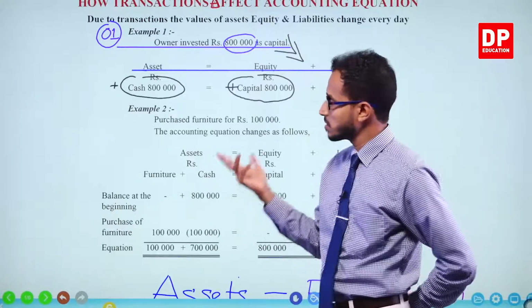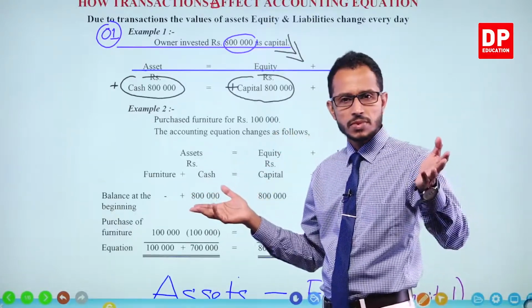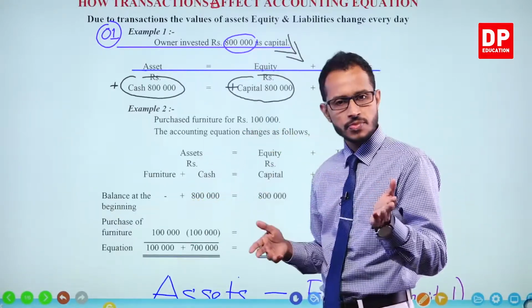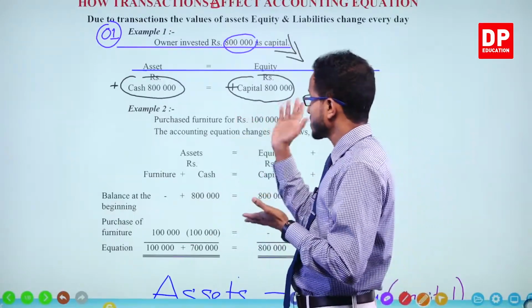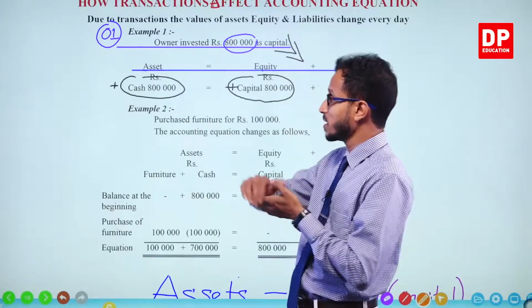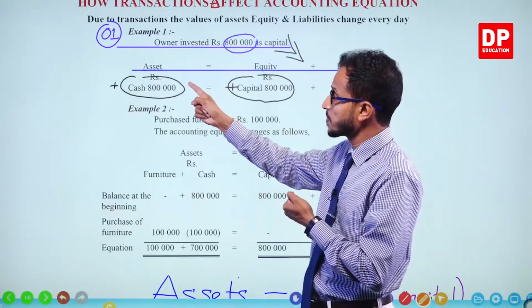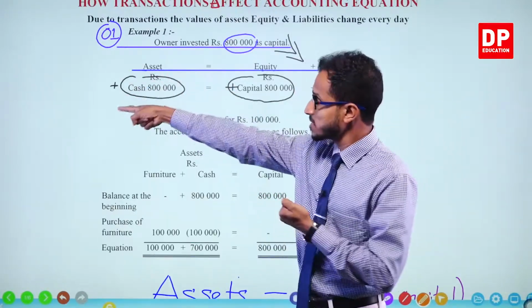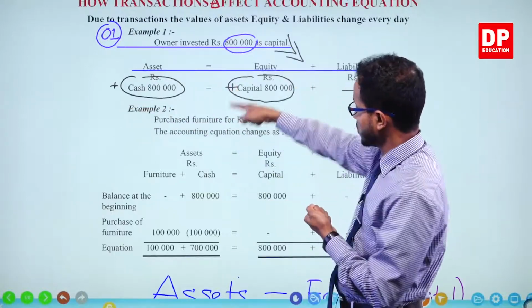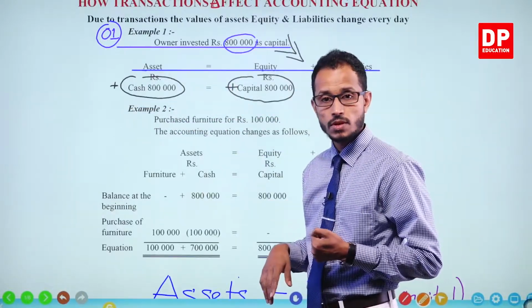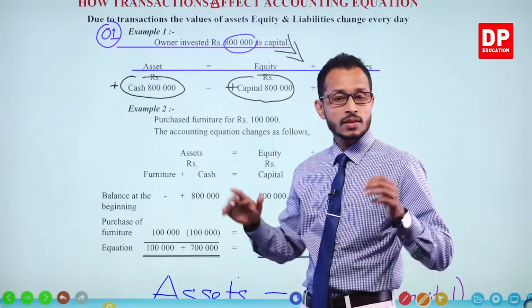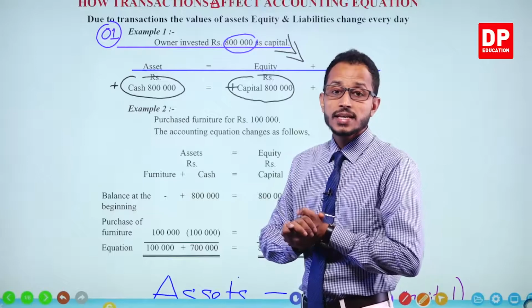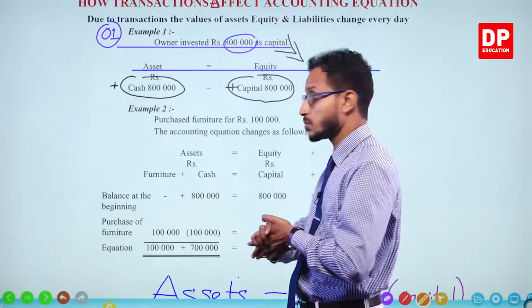Maybe a few of you understood this already, but for the students who do not understand this, how the 800,000 has increased under assets and under equity too. Why is it on both sides? I'm going to give you the reason why.